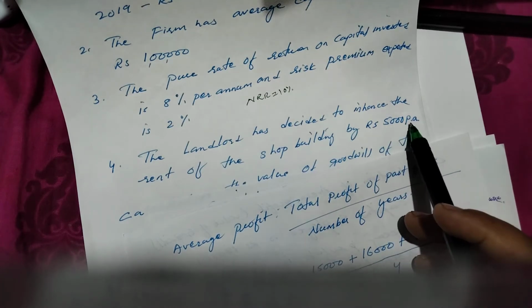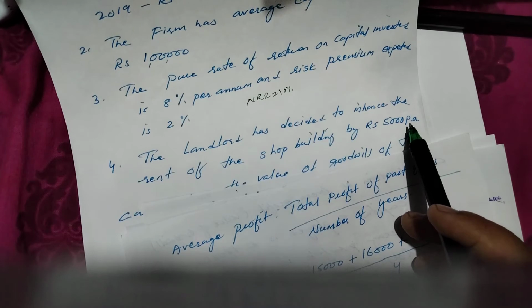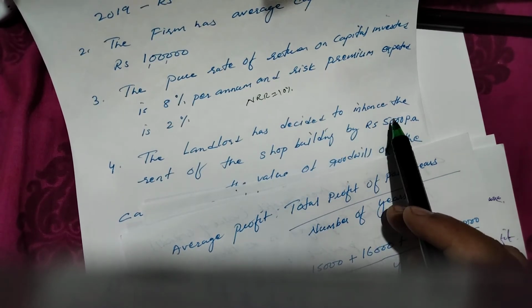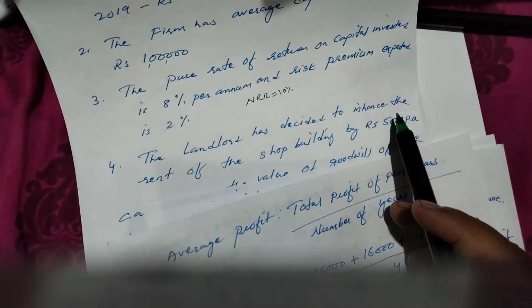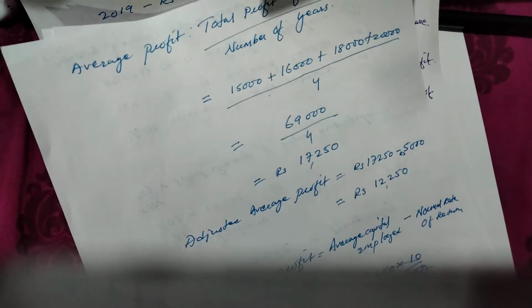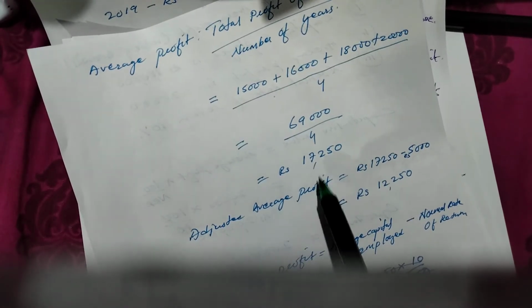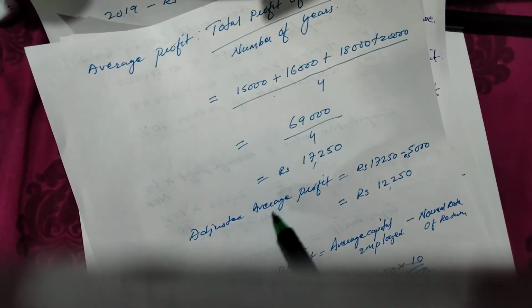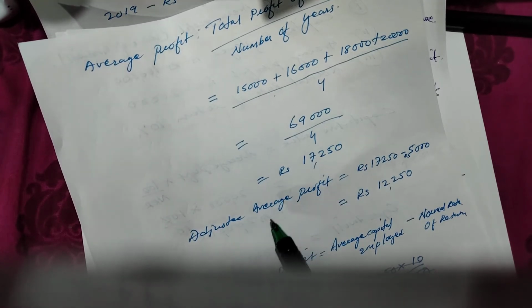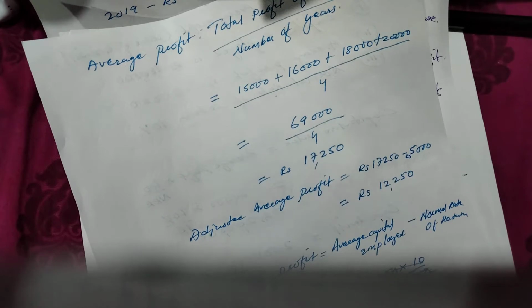So 5,000 per annum is a future expenditure, so that should be deducted from your profit. So see, adjusted average profit: we have the average profit, and now we have to adjust it. Since this is your future expenditure, you need to deduct this.